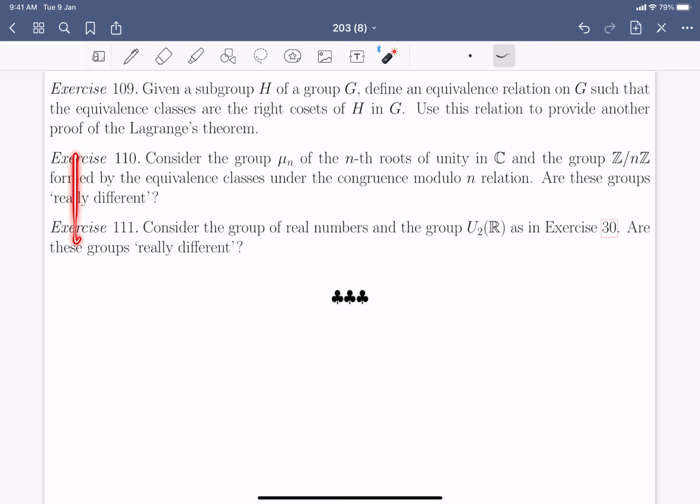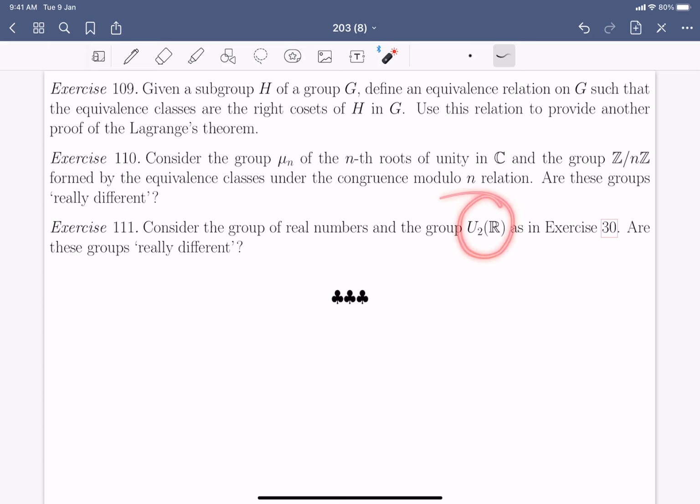I'm just trying to motivate some of the upcoming notions. So consider the group mu(n) of nth roots of unity and the group Z mod nZ. Do you think that these two groups are really different, or do they have some sort of similarity? This is a nice question, so try to answer it for yourself. You may have different answers.